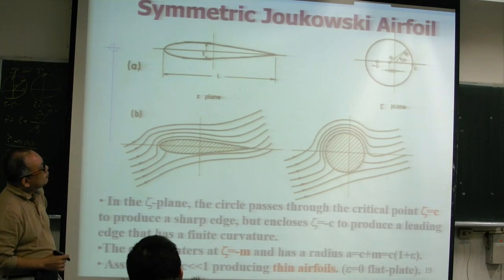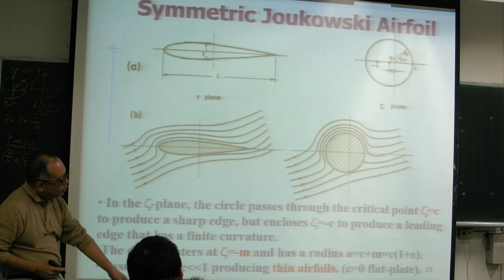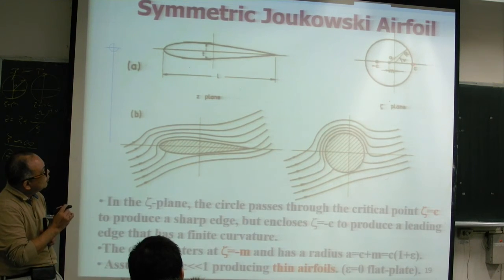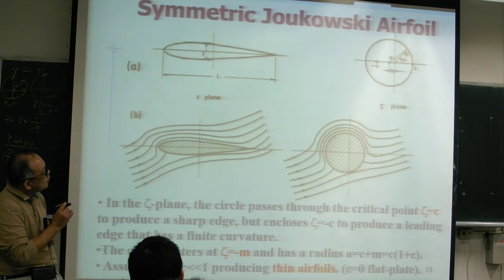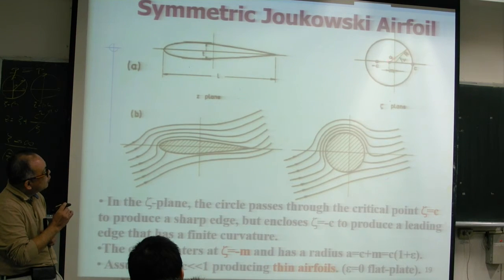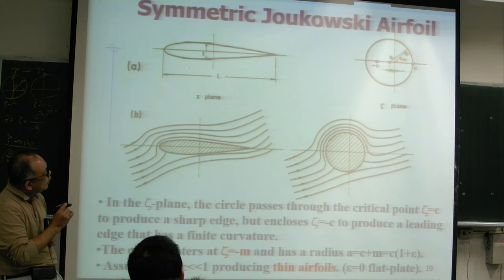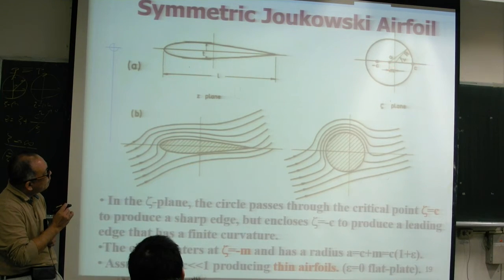As you can see, if I change our circle, this circle has radius A, and the circle center is not at the origin anymore. I move it to the left by M here.